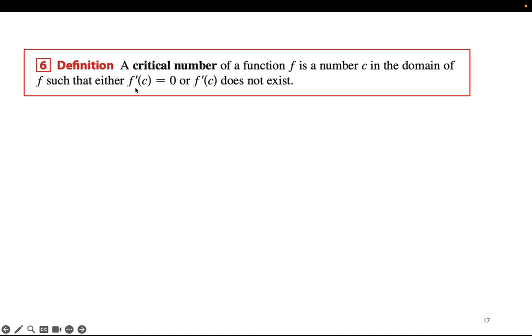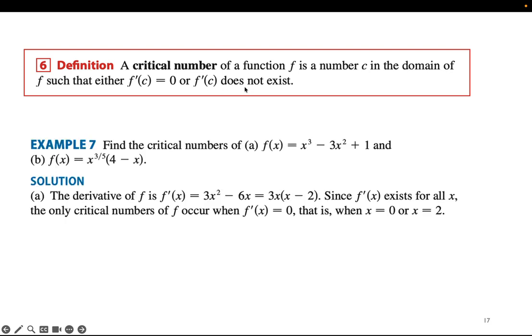And these are critical because these are candidates that give you a local max or local min. So if something is a local maximum or a local minimum, either f prime is 0 or f prime is undefined. So critical numbers are the numbers where we might find maximum and minimum.